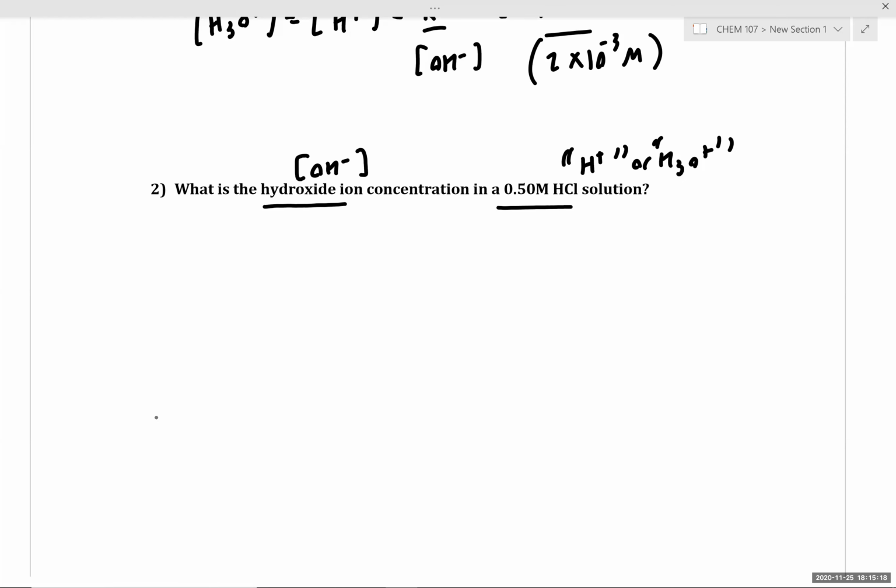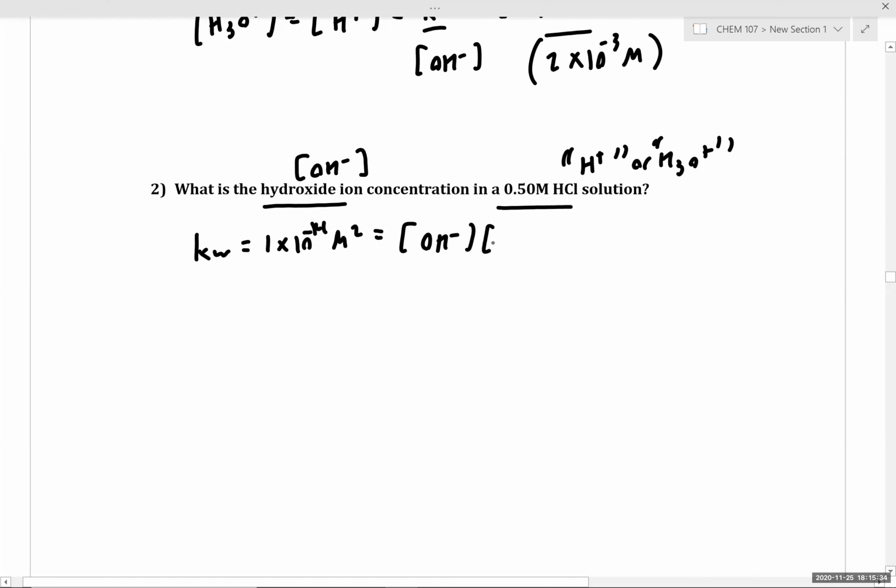So to provide a little bit more guidance and to flesh out and show on the whiteboard what was done, we know that Kw, which is 1 times 10 to the negative 14th molar squared, is equal to the concentration of hydroxide times the concentration of H3O plus. We know that since hydrochloric acid is a strong acid, it completely dissociates.